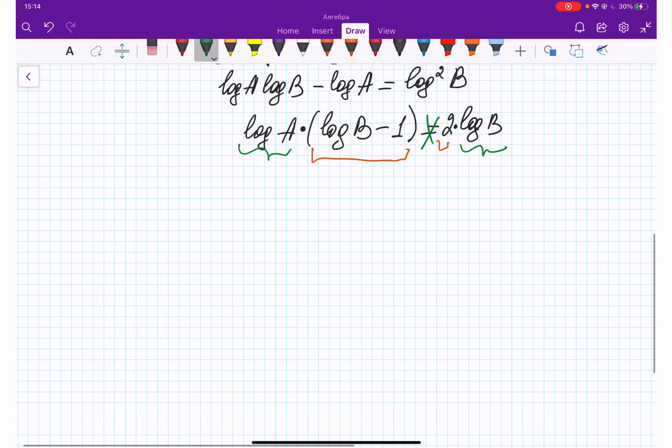Now let's confirm by practicing a couple of problems. Let's take the logarithm of 625 over 125 by base 5.